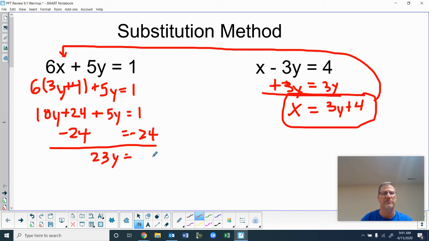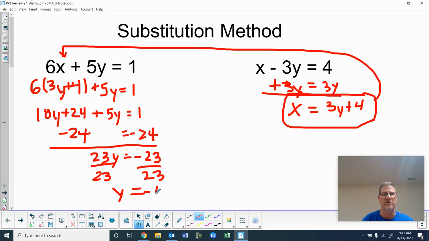And 1 minus 24 is -23. And then I divide by 23 to finish up to get that y by itself. So I get y equals -1.